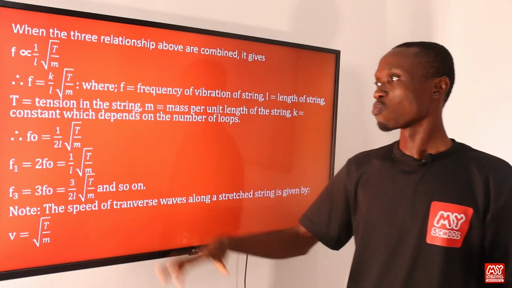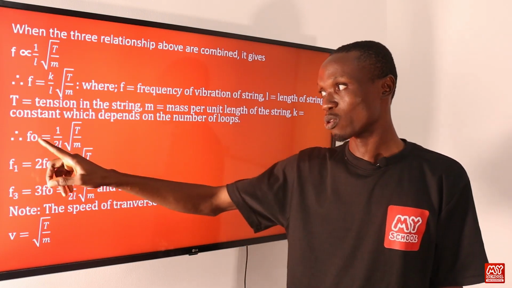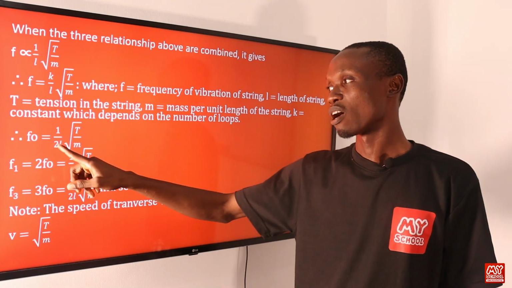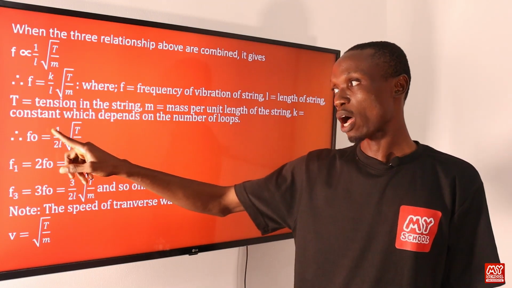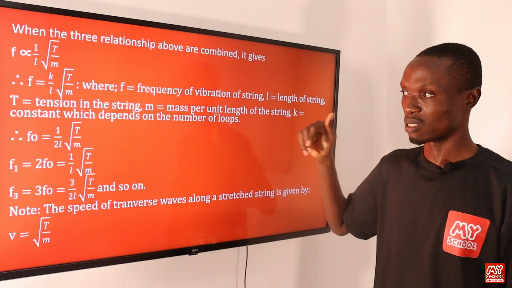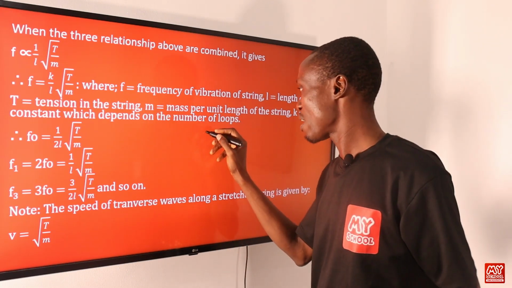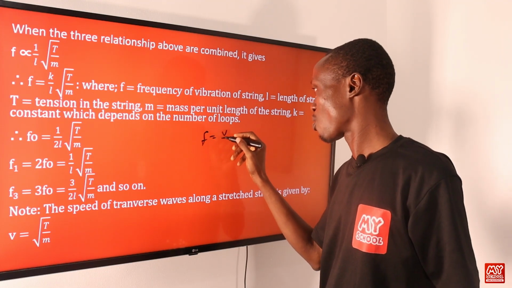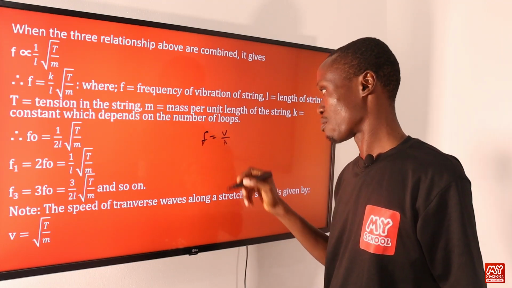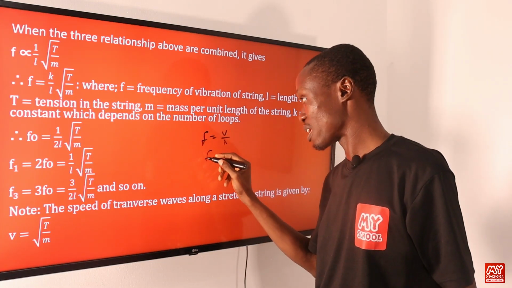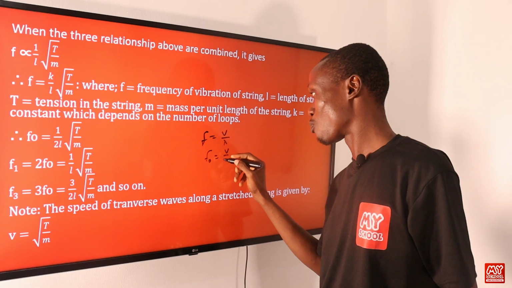Relating this to the fundamental frequency, the fundamental frequency in this case will be equal to 1 over 2L. Now remember, from F equals V over lambda, for our fundamental frequency, F naught is equal to V over 2L.